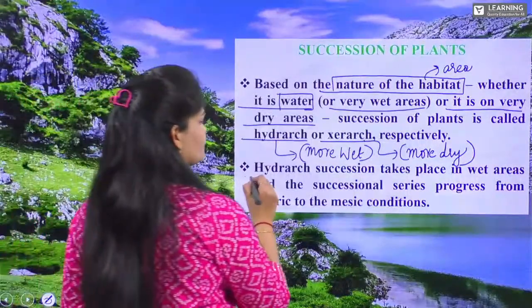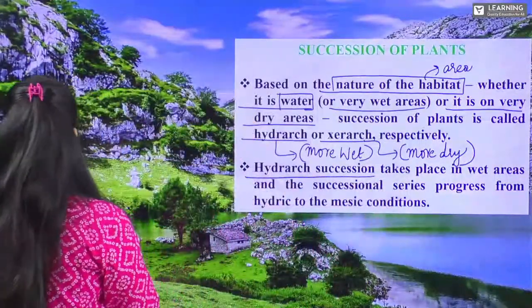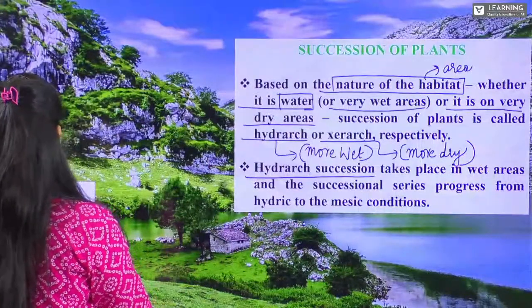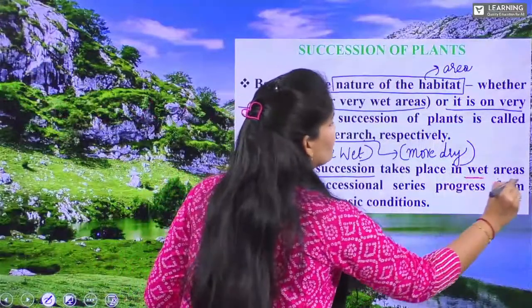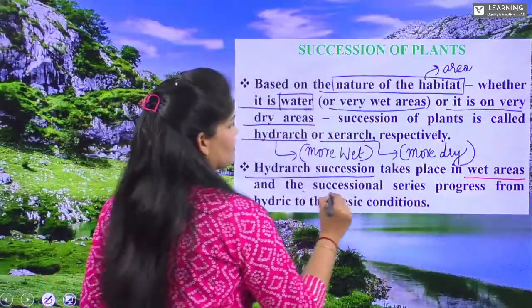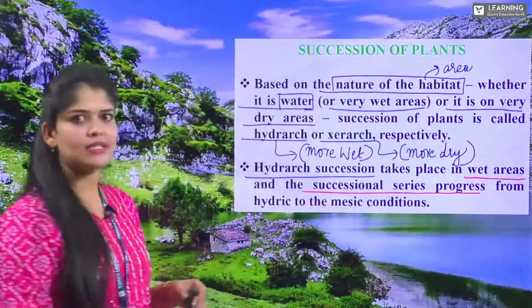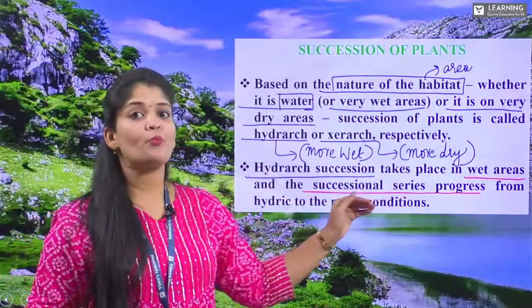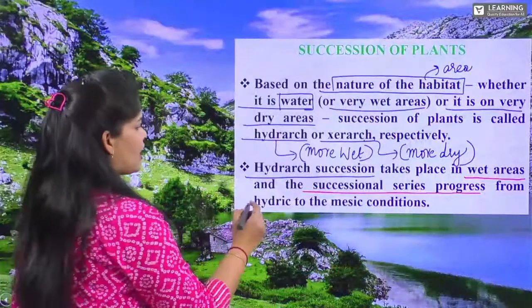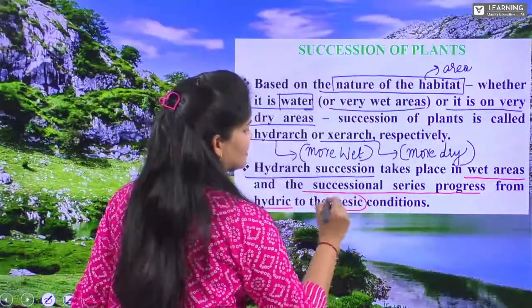Hydrarch succession takes place in very wet areas where the water availability is very, very high. In wet areas, the successional series progress from hydric to mesarch condition.